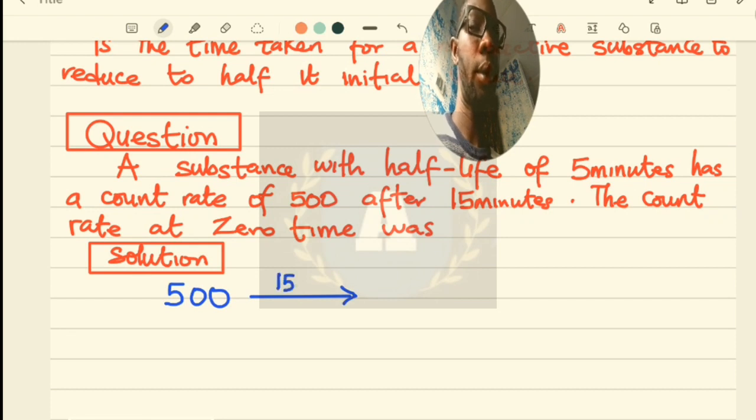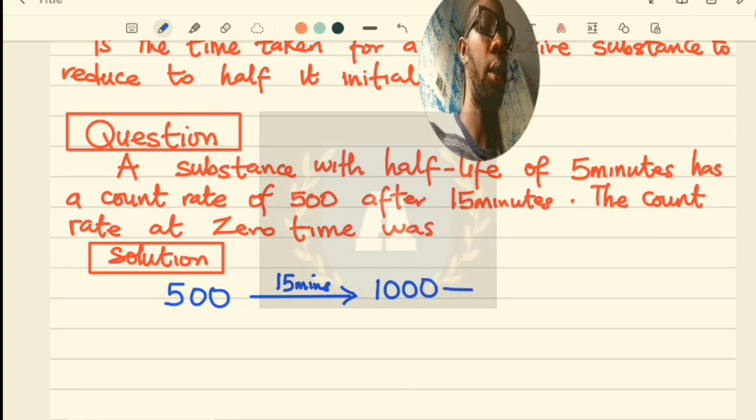Since the half-life is 5 minutes, in the previous 5 minutes it must have been 1000. The value has doubled to 1000. Then in the earlier 5 minutes, that is 10 minutes, this must have doubled to 2000.